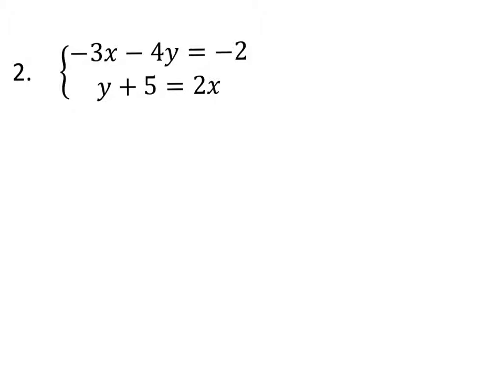The second equation is easier because all we have to do is subtract 5 from the left and move it over here to the right. Those 5s will cancel, leaving us with y equals 2x minus 5. So now we have completed the first step where we have isolated the y, giving us the expression 2x minus 5.